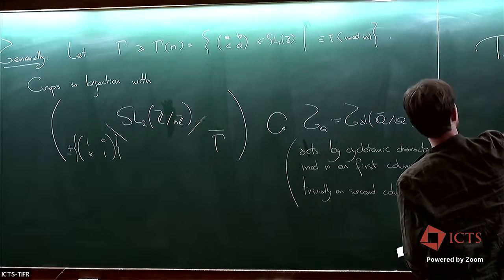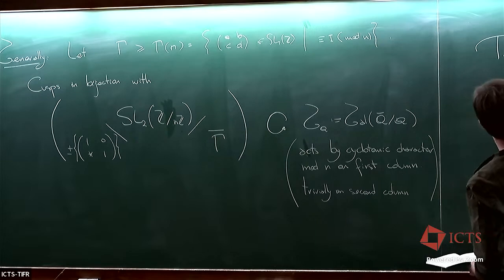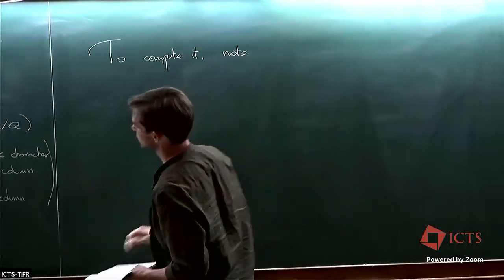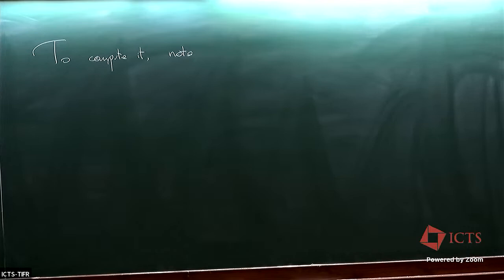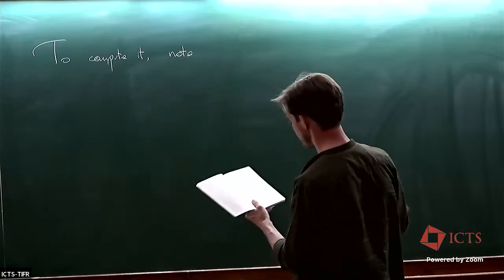So to compute this double coset, we note that if we start on the left, if we ignore Gamma for now, we don't act by Gamma yet, we just look at this coset. You see, this is interesting because it's like doing a row reduction. You're allowed to subtract multiples of the first row from the second row, so you can always put it in a standard, reduced form.